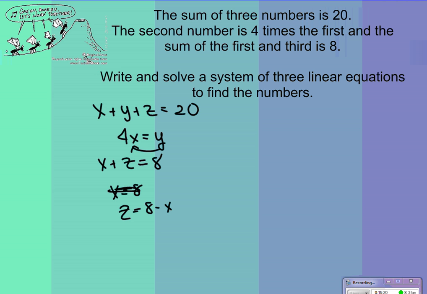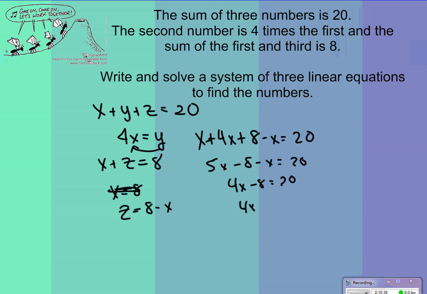Y already equals 4x. So I can rewrite this as x plus 4x plus 8 minus x equals 20. So that'll be 5x minus 8 minus x equals 20. So that'll be 4x minus 8 equals 20. So that means 4x will equal 28. So x is going to equal 7.